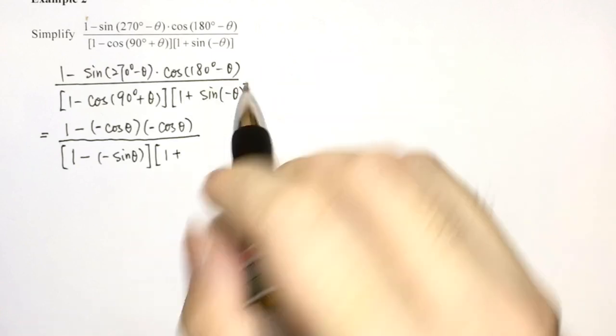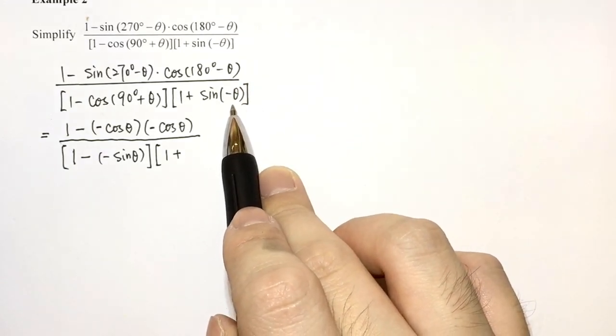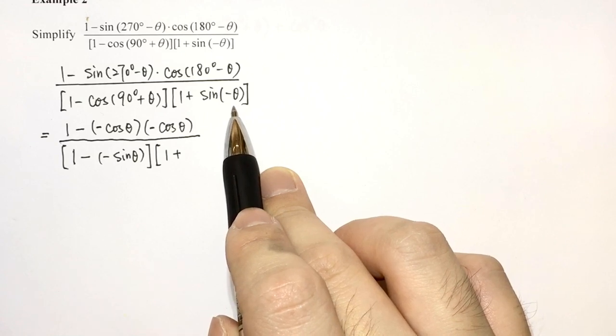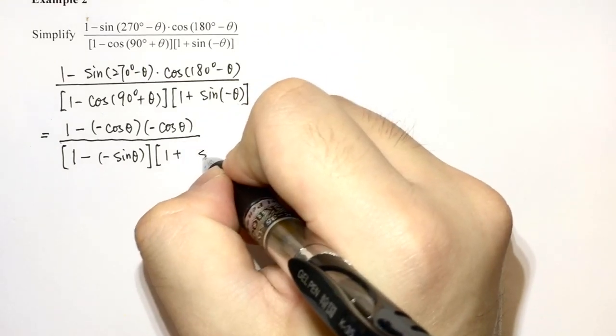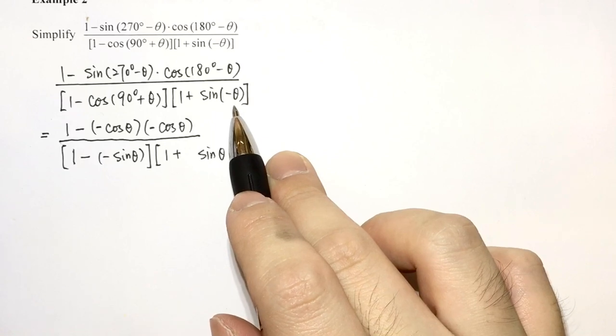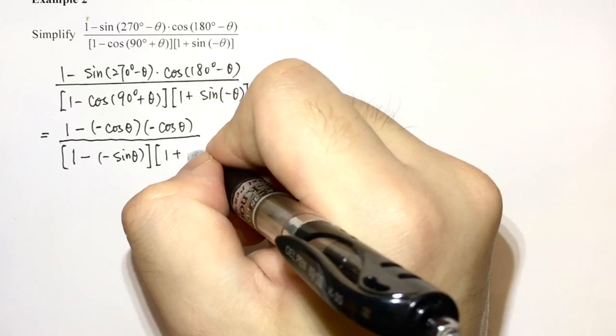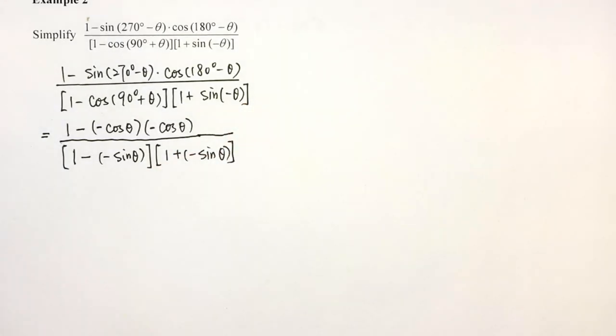And 1 plus, this one, negative theta you can consider as 0 minus theta. So it's an angle about the x-axis or horizontal line, so there's no change. And it's in quadrant 4, y value in quadrant 4 is a negative value. So we have something like this.